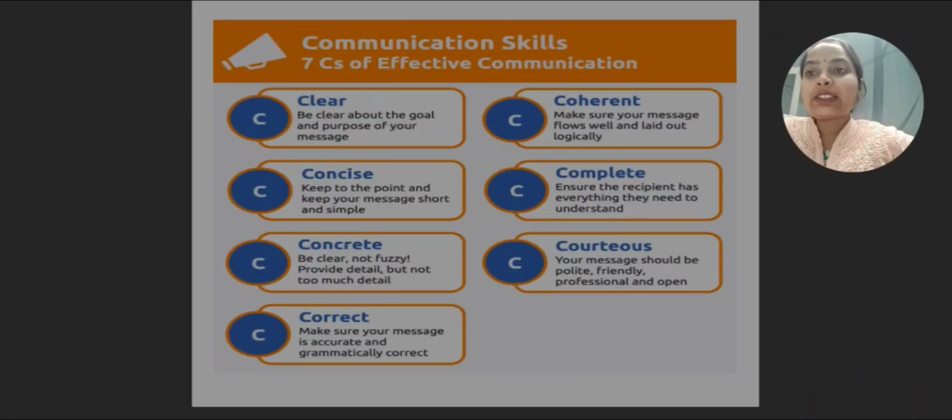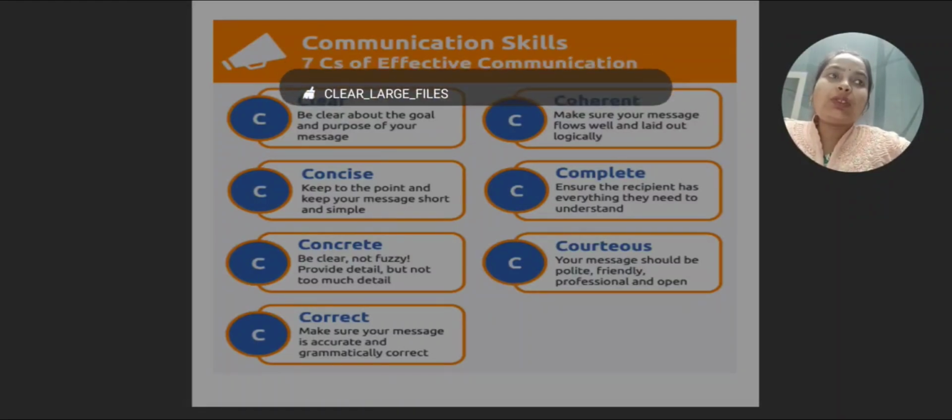The next part is concrete. We use the message by speaking, by texting, whatever way we are using here. So it should be very clear, not too fuzzy, but detail oriented.